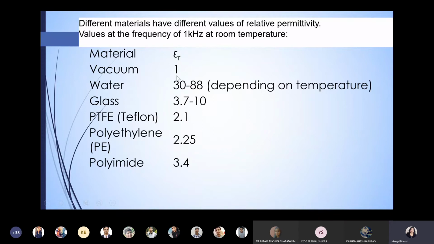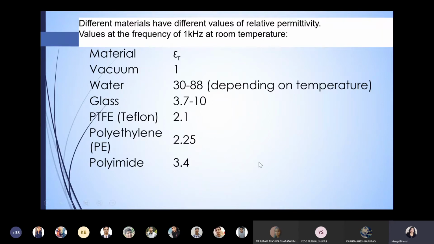Vacuum is also a dielectric material, with permittivity 1. Water is also there. Glass permittivity is higher, 3.7 to 10. Then PTFE, Teflon, is also used in capacitors, at 2.1. Then polythene capacitors are there, with dielectric permittivity 2.25.